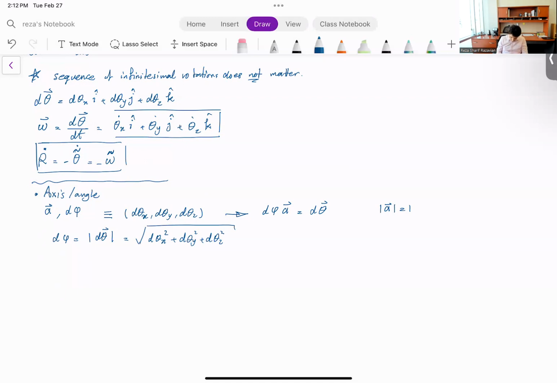And you can quickly see this. And from here again, you can see the rotation axis a is d theta x over d phi i plus d theta y over d phi j plus d theta z over d phi k.